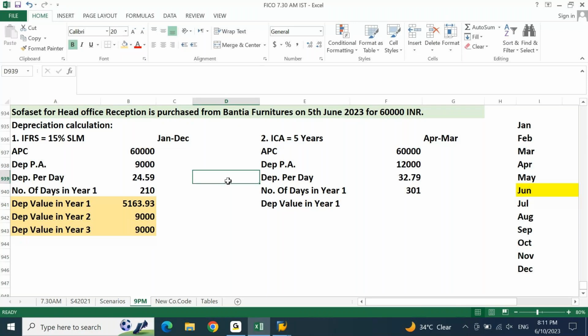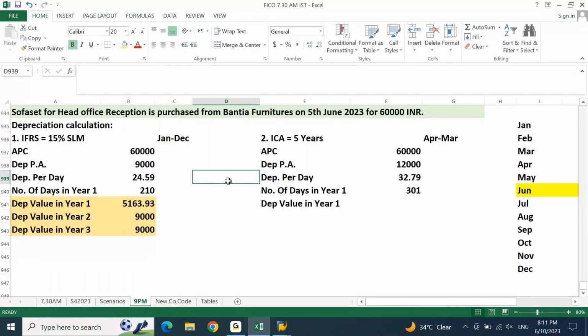Yes, sir. First year there is a difference, or there is a less amount because you have not used the asset for the full year in year 1. Based on the pro rata, you have calculated a depreciation according to the number of days the asset is used in that particular year. From second year onwards, your asset is used in the company for the full year, so you are charging the complete yearly depreciation from year 2 onwards.